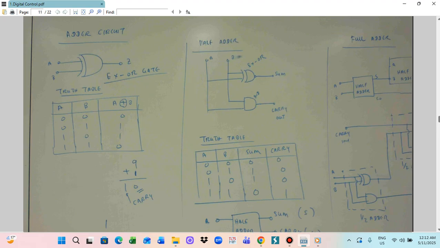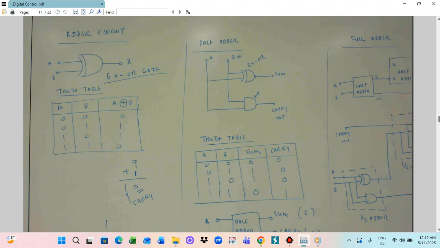The adder circuit can be built with the XOR gate. We use the XOR gate for the adder because of its function: when A is 1 and B is 1, A plus B is 0. The XOR gate is similar to the OR gate.